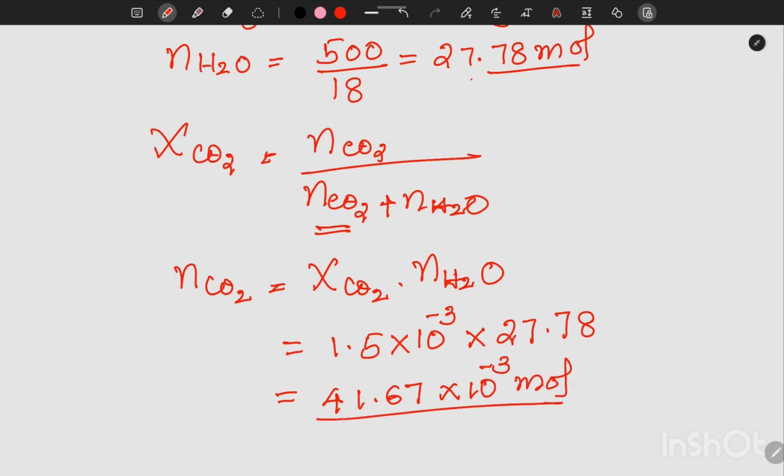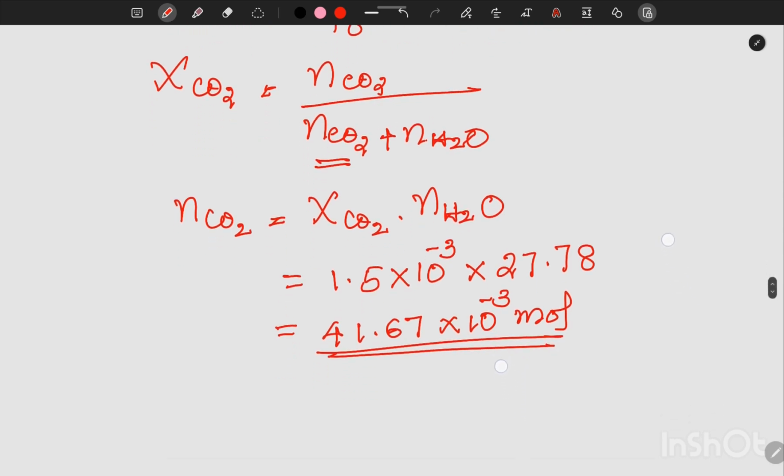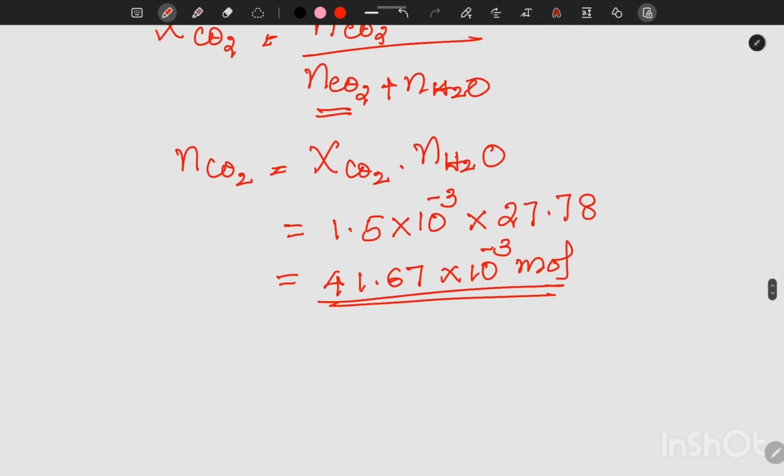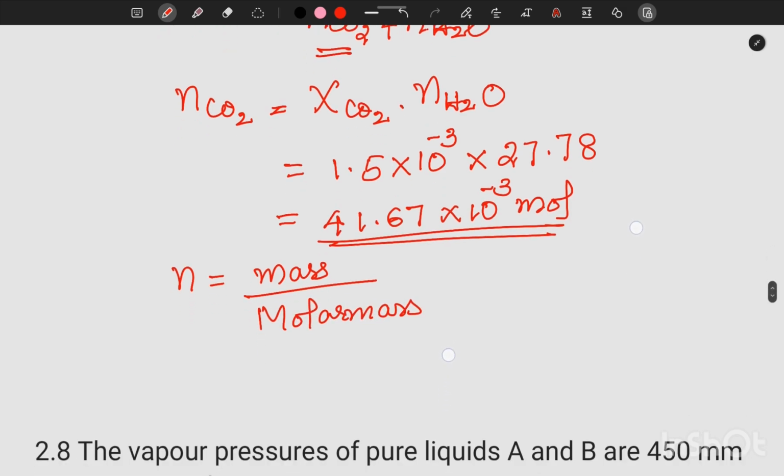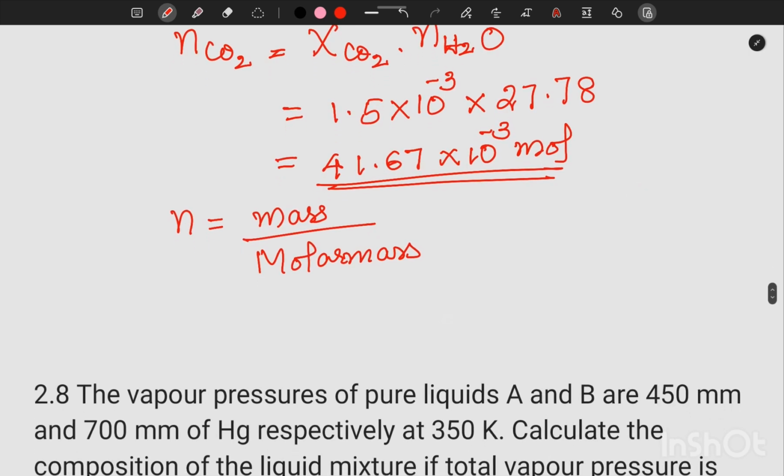Now they told us to calculate the quantity, so we can convert the number of moles into mass. Number of moles is equal to mass over molar mass. So mass of carbon dioxide is equal to number of moles into molar mass.